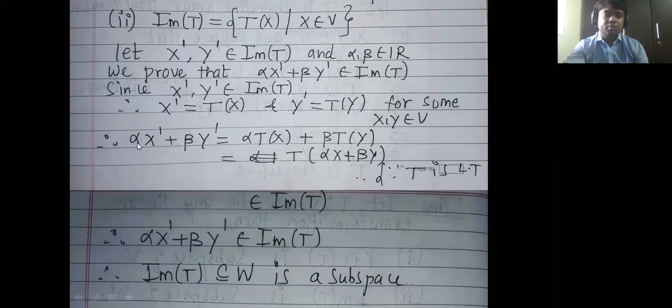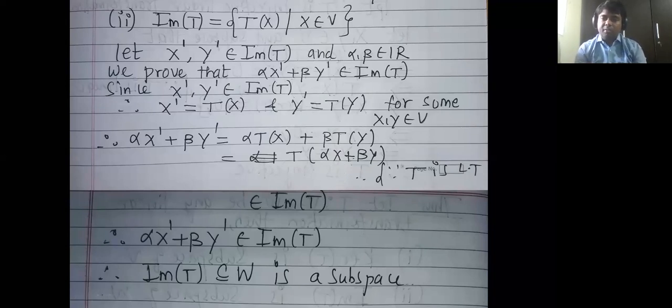Okay, now consider the linear combination alpha x dash plus beta y dash. That is equal to alpha times T of x plus beta times T of y. Now since T is a linear transformation, I can write all of this as T of alpha x plus beta y. Now alpha x plus beta y is a linear combination of x and y, and they are coming from the domain vector space, and V is a vector space in fact, right?